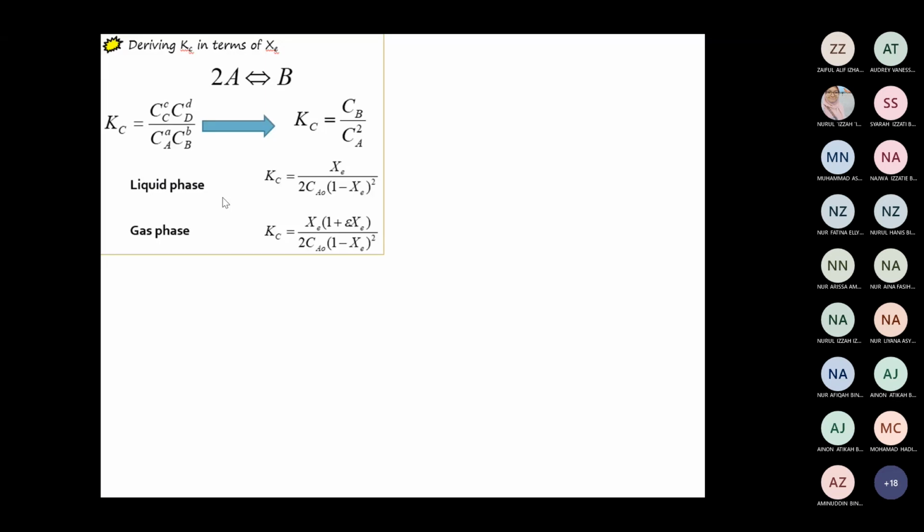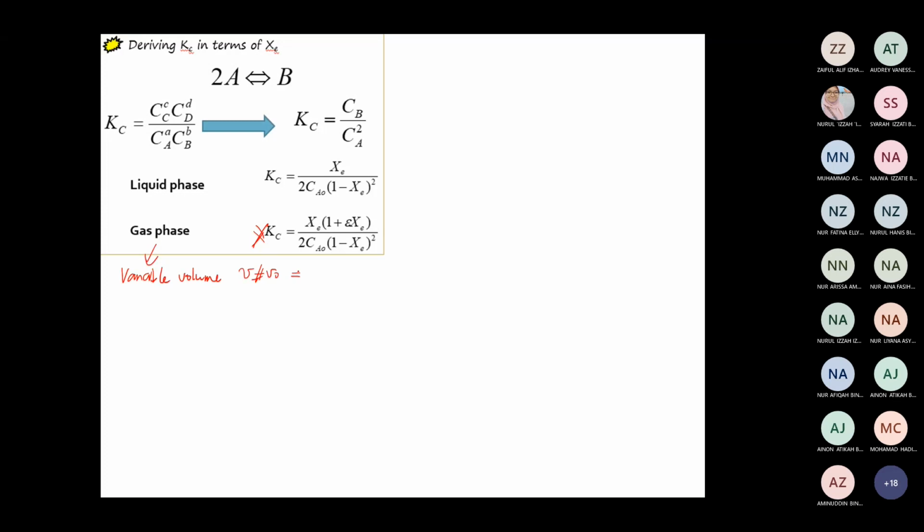Okay, so sekarang ni let's say if we look at the gas phase, macam mana kita boleh dapat this one. This is gas phase, means that it has a variable volume. Kita tulis V ni tak akan sama dengan V0.